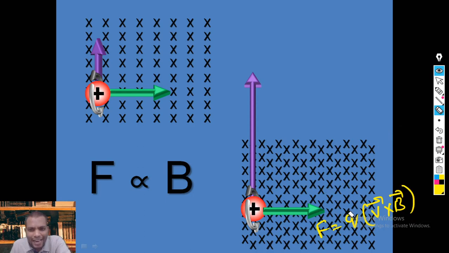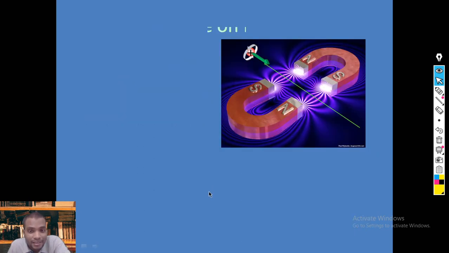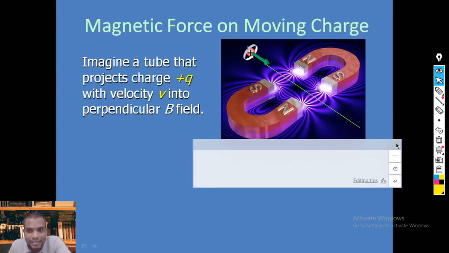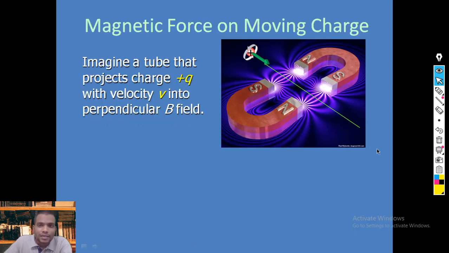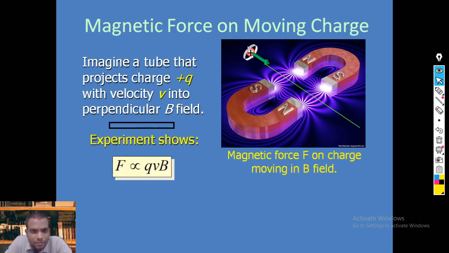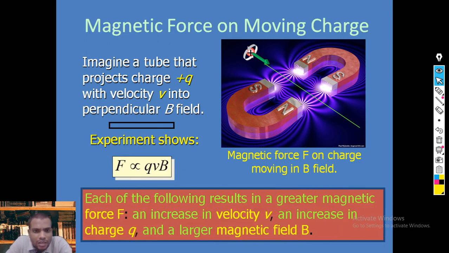Here we should be more careful, because if any of the directions change, then the corresponding direction of the force changes. We can conclude with a statement: a positive charge Q with velocity V perpendicular to the magnetic field experiences a force proportional to QVB.